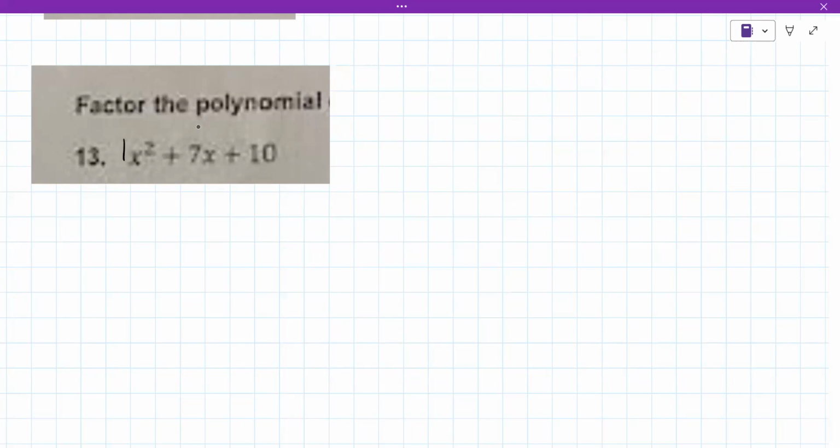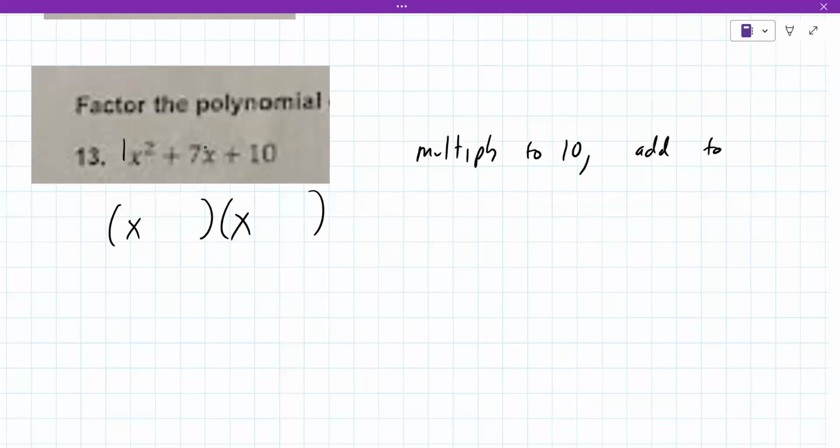So you just split it up into two x's. That's right. It's going to be x and x, but the numbers that go in the binomial here are based on 10 and 7. Do you remember the rule here? I'm going to write it out here. They have to multiply to 10, but add to 7.